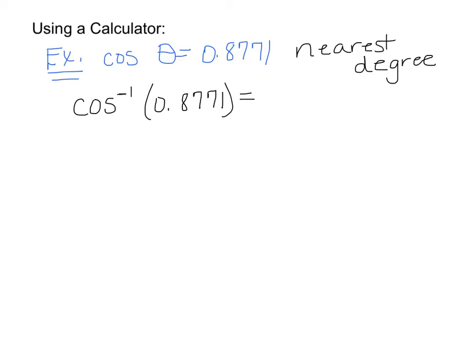And some calculators will say second, the others will say shift, whatever key will help you get to the inverse. So that would be 29 degrees. And you can always check, because if you type in cosine of 29, you should get roughly 0.87, maybe a little off.